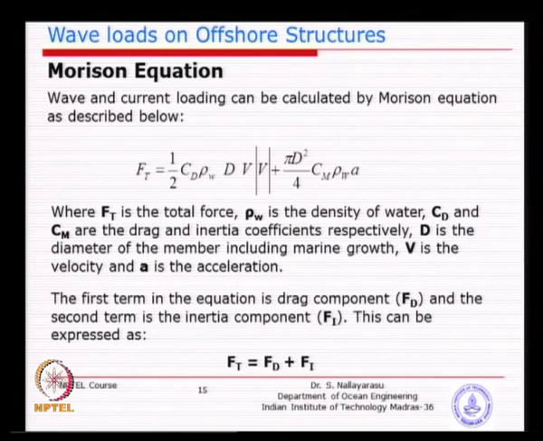and that is where a little complex scenario will come. So, you see here the terminology: CD is called a drag coefficient, associated with the fluid velocity, and the projected area on which the force is generated is the diameter, and Cm is called the inertia coefficient, which is always greater than 1 because the volume of the fluid displaced by the structure plus the volume in the surrounding will also move when the structure is trying to move.